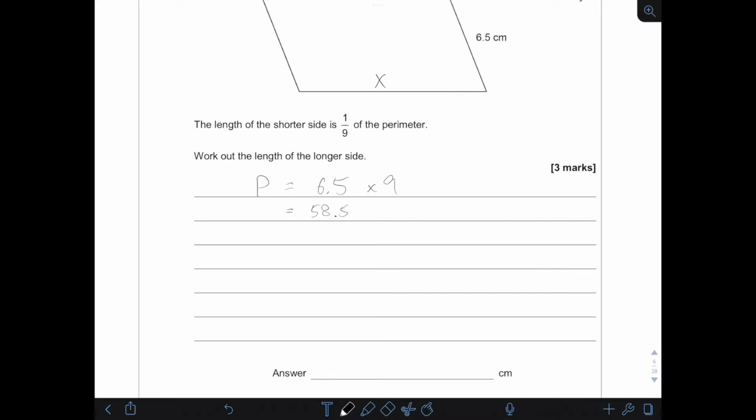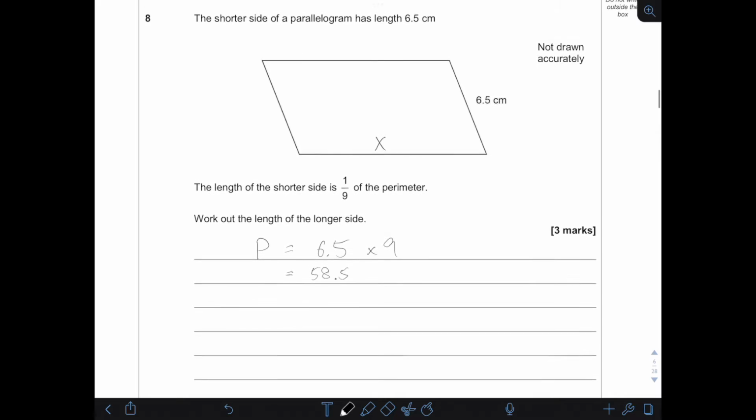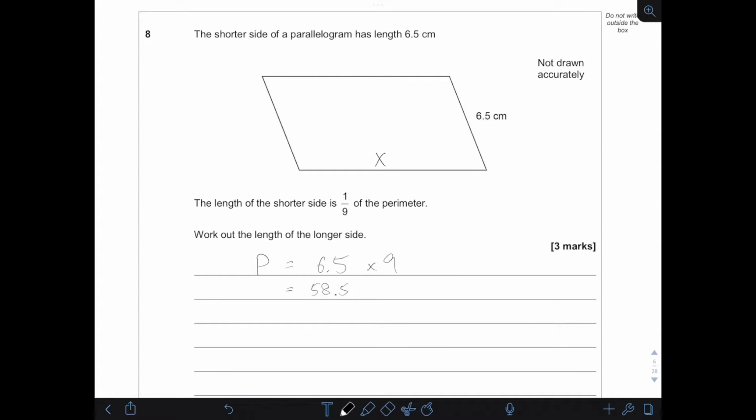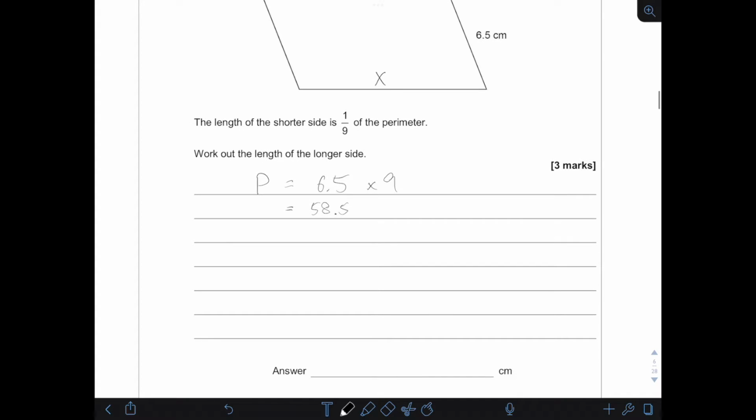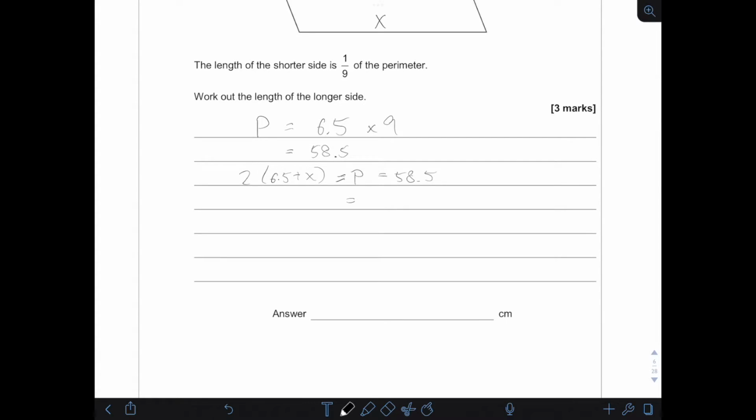And that would give us 58.5 as the perimeter. And the perimeter of a parallelogram is defined as the long side plus short side, times 2, which is (6.5 + x) times 2, equal to your perimeter, which is 58.5.